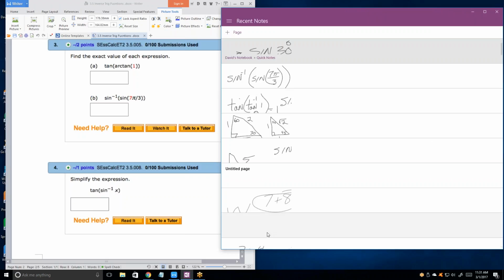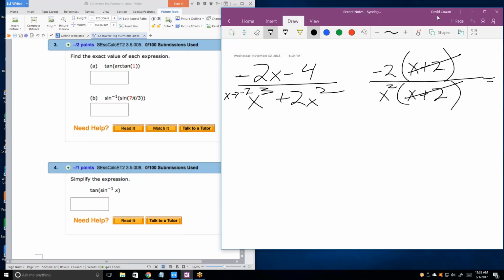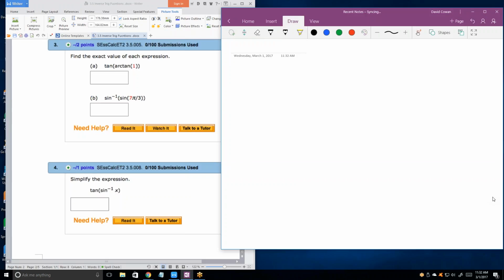Hold on a second. Still getting used to my problem here. All right. So the answer on B then is what? Pi over 3. Exactly. And they didn't say put it in radians, but it looks like everything else they did request radians, so I would put it in as pi over 3.